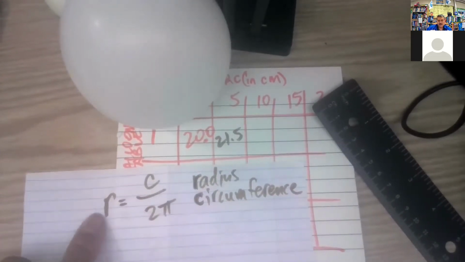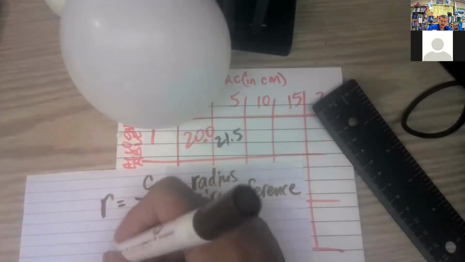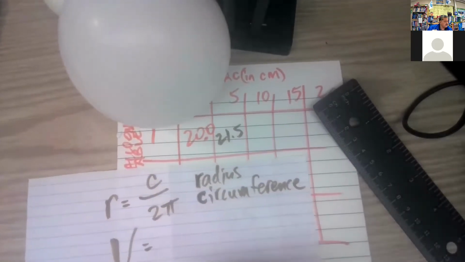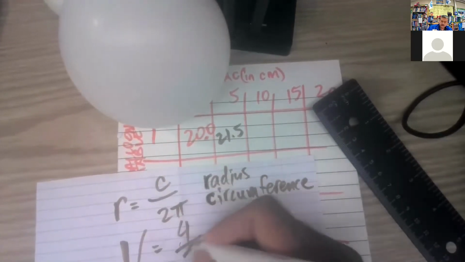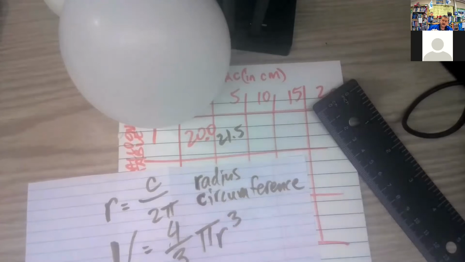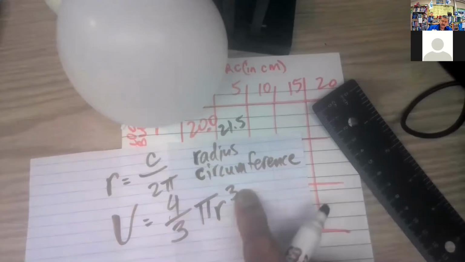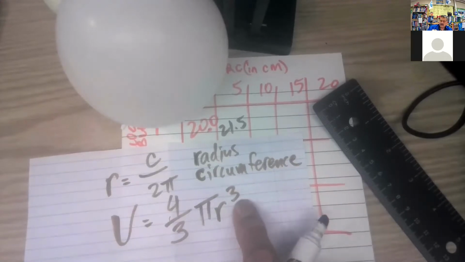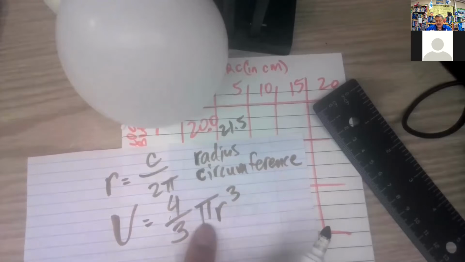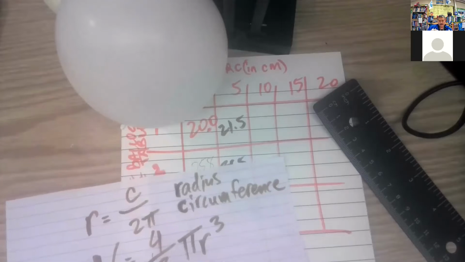Use this to solve for R. Once you get R, the volume is going to be equal to 4/3 pi R to the 3rd power. So once we get this number, I'm going to plug it in there, multiply it by itself 2 more times, 3 times all together, times pi, times 4, divided by 3. That's really the volume of all the measurements that we get here.